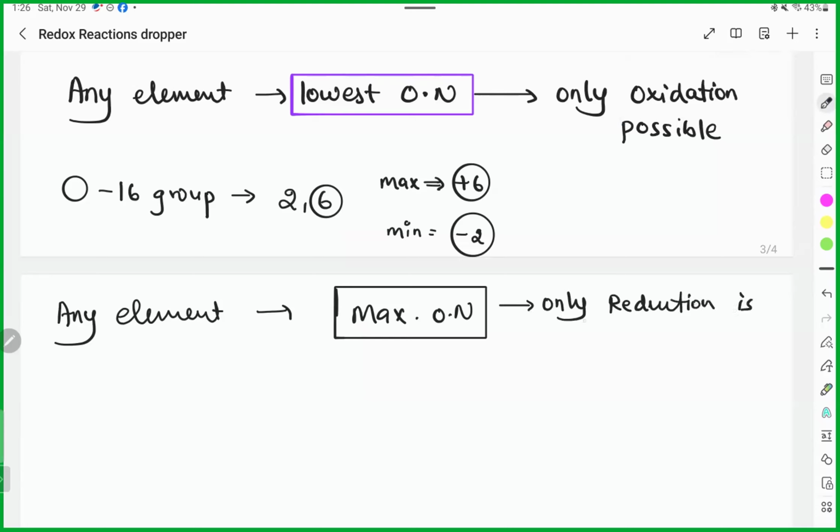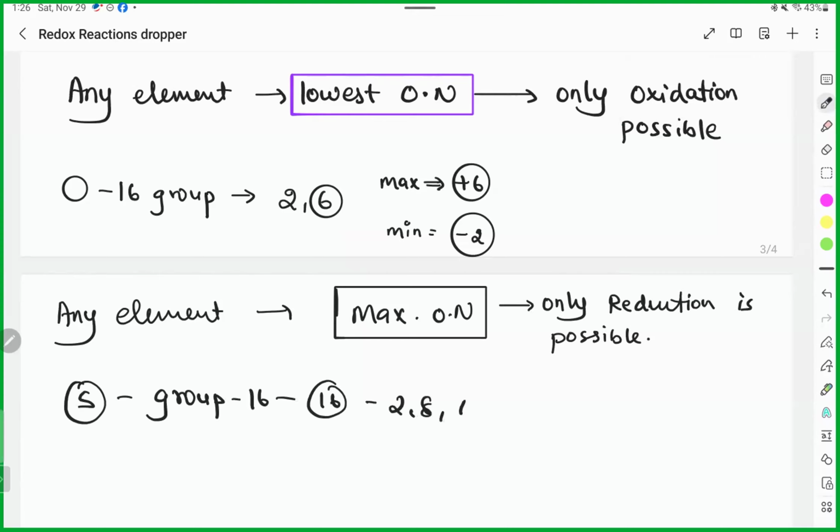For example, sulfur also belongs to group 16 and has atomic number 16. First shell 2, second shell 8, third shell 6. Now it can have maximum +6 charge like oxygen and minimum -2. So if you already have +6, it cannot go more than that. So only reduction is possible in that case.